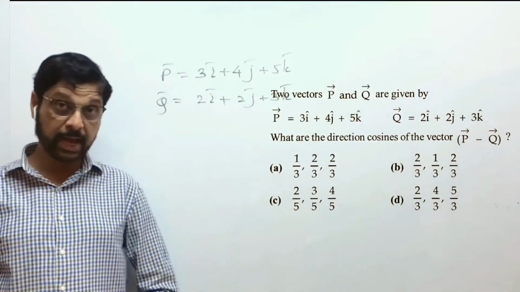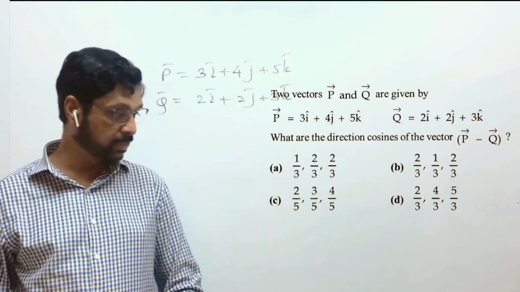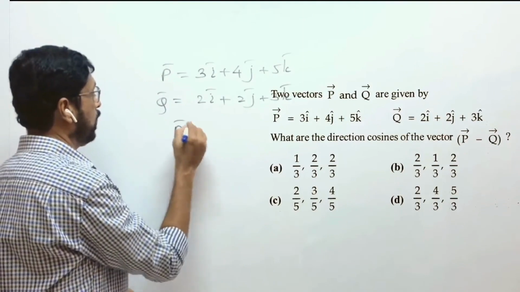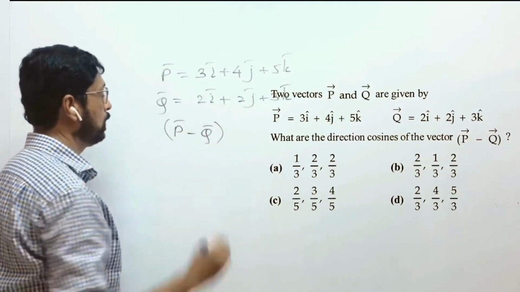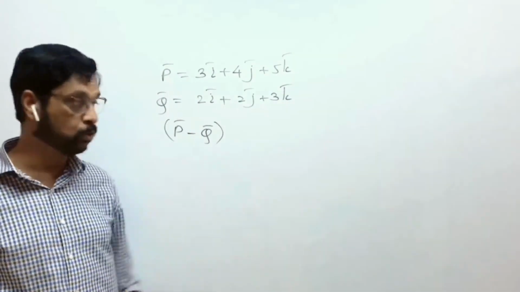These two vectors are given. What are the direction cosines of the vector P minus Q? What will be the direction cosines of vector P minus Q? What do we mean by direction cosines?